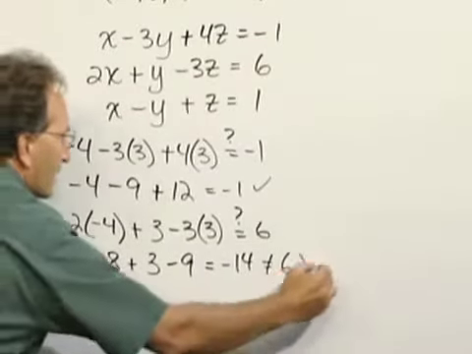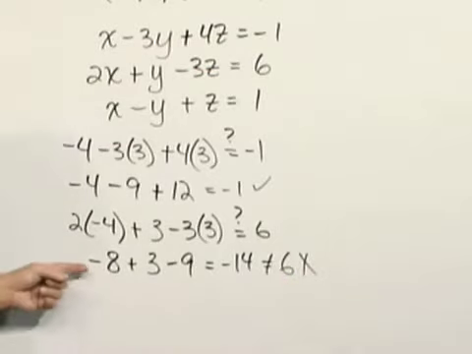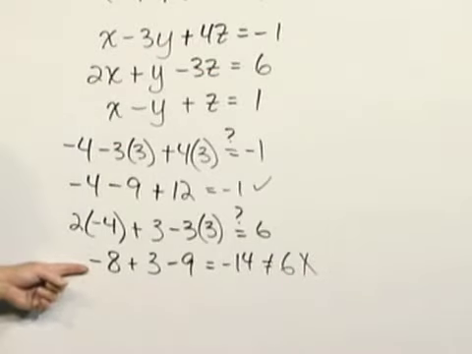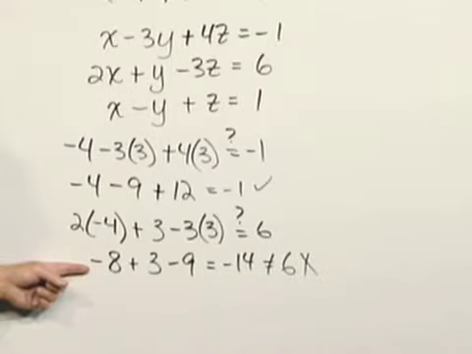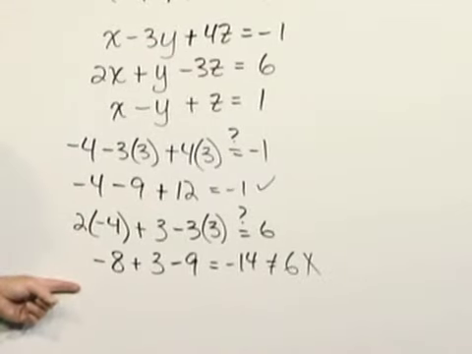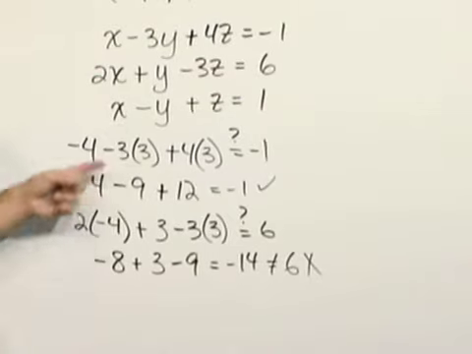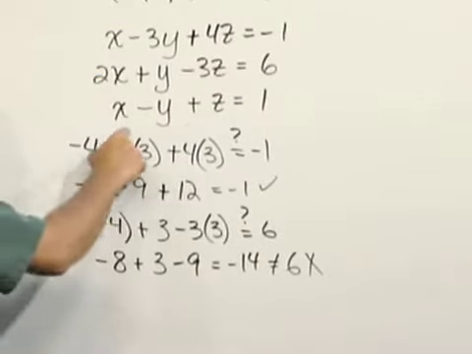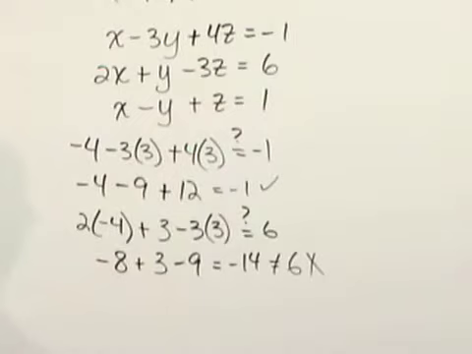So that tells us, actually at that point, that the ordered triple (-4, 3, 3) will not satisfy this system of equations. Which means we don't have to show that it does or doesn't work for the third one, but let's just do that.